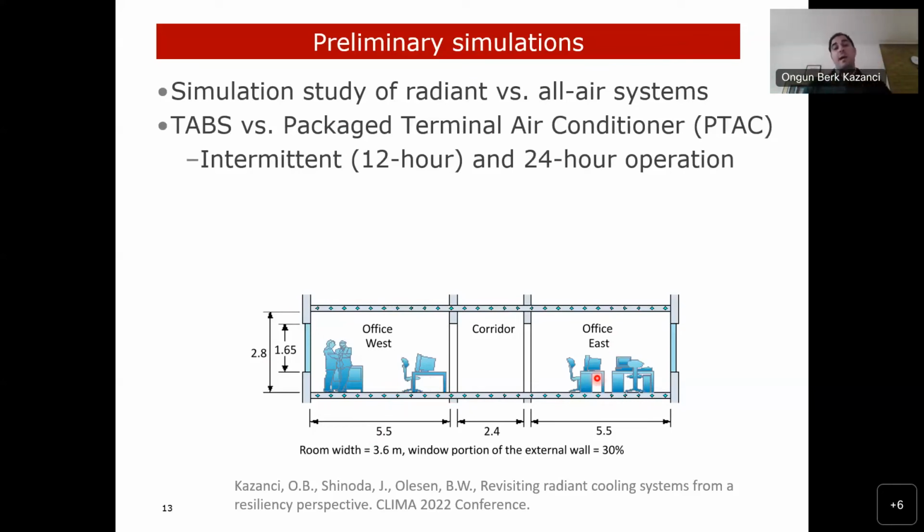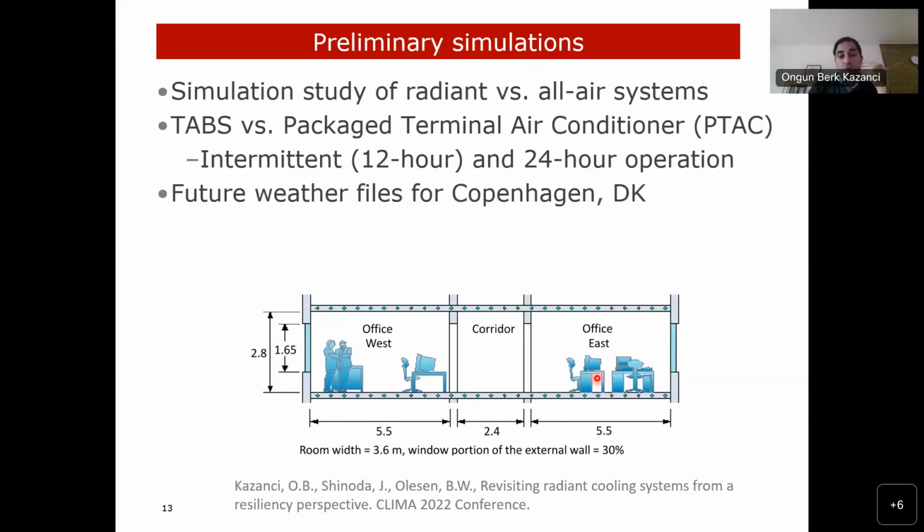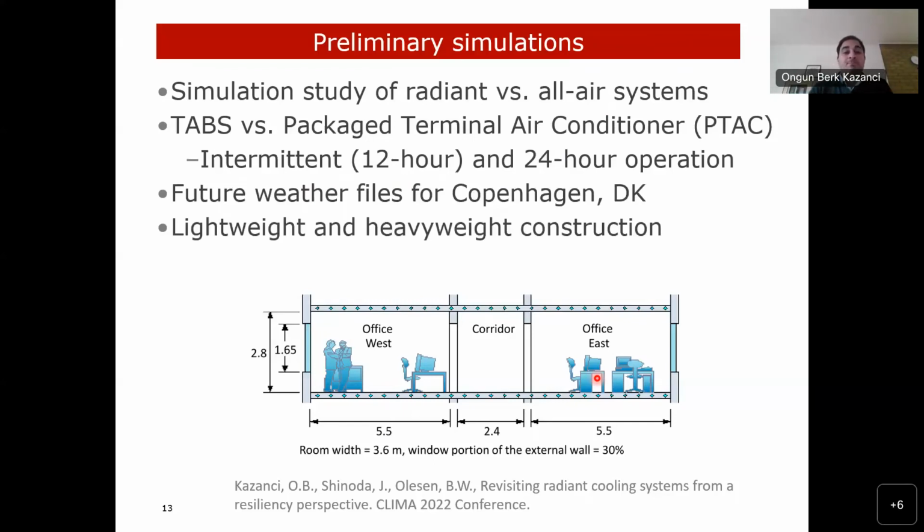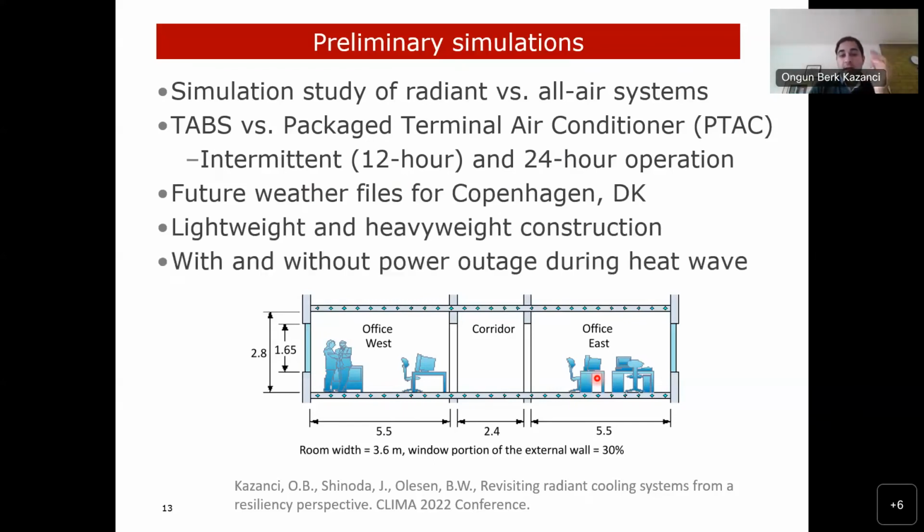And for TABS, we had the intermittent operation, so a 12-hour operation when the building is not occupied, and a 24-hour operation. We looked into future weather files, and we used them for Copenhagen. These are weather files developed as a part of Annex 80 work. And then we looked at lightweight and heavyweight construction, and we looked at cases with and without power outage during a heat wave.